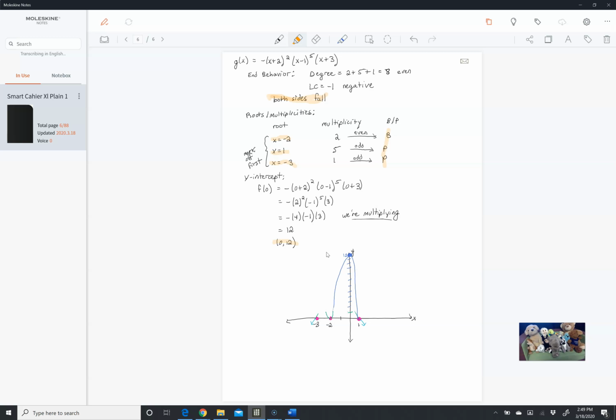So we're choosing -2.5 because it's a value between the roots -3 and -2. And this is just to see where it turns.